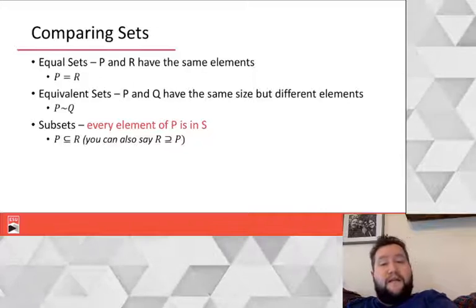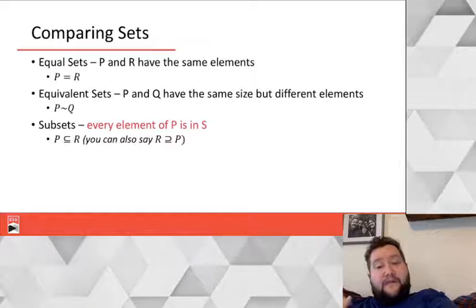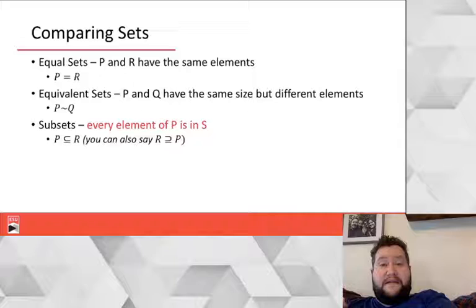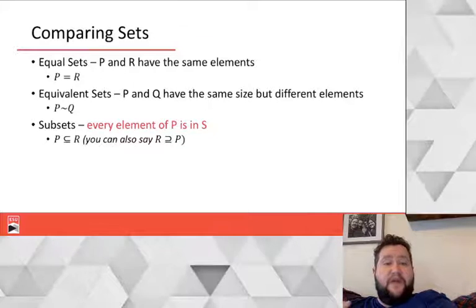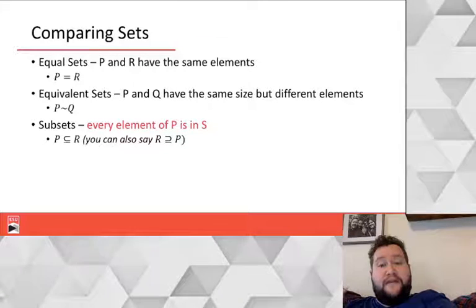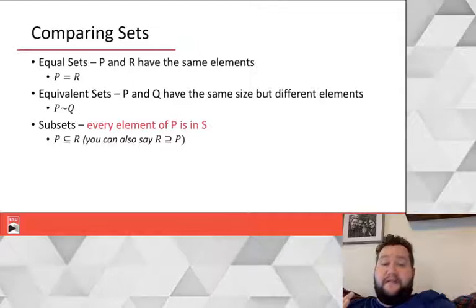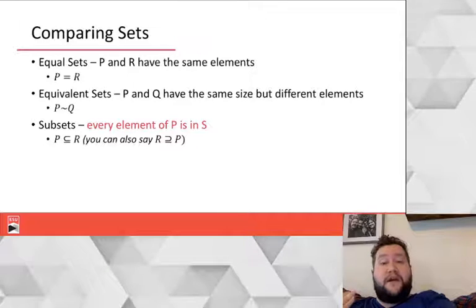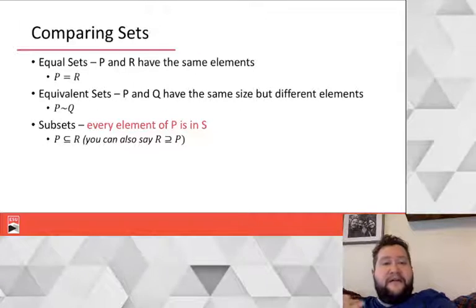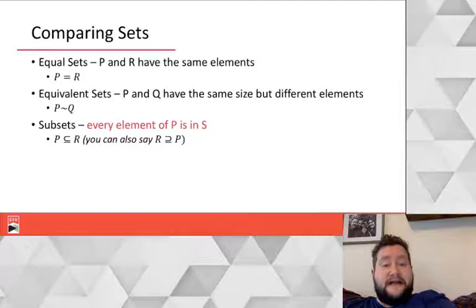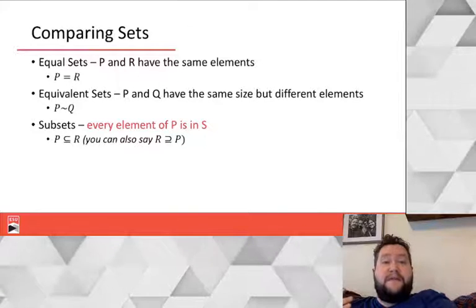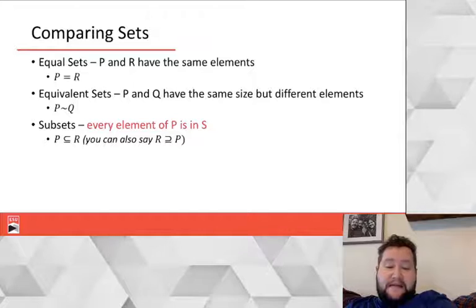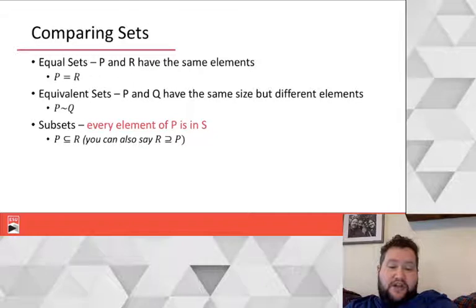So we can talk about sets being equal if they have the same elements, ABC and ABC. We can talk about sets being equivalent if they have the same number of elements, but they're different, so they have the same cardinality. We could talk about subsets, and that's where every element of P is in S. And so let me jump back.